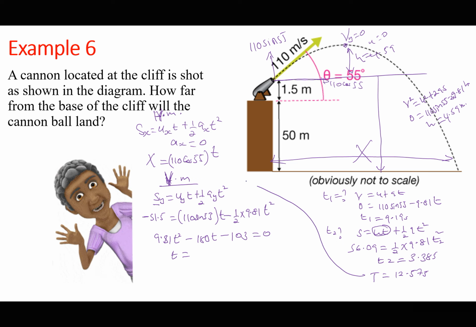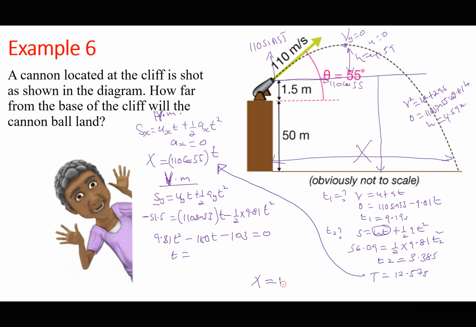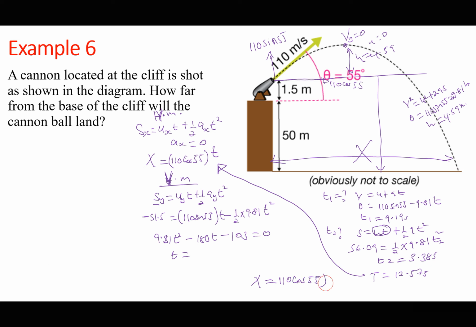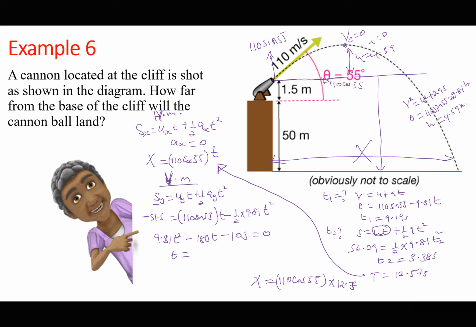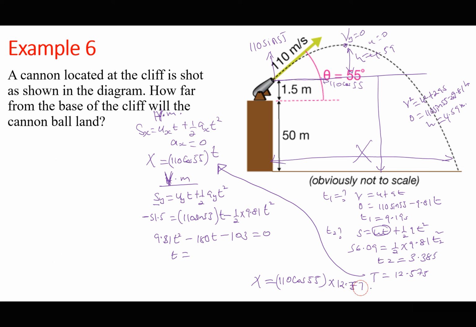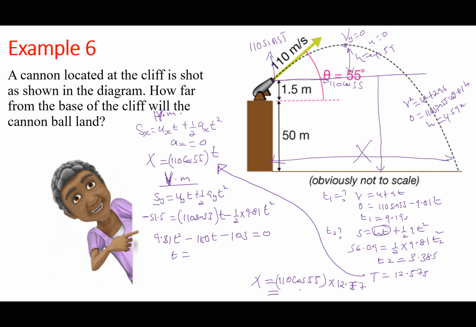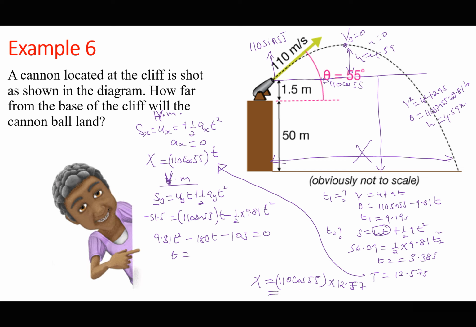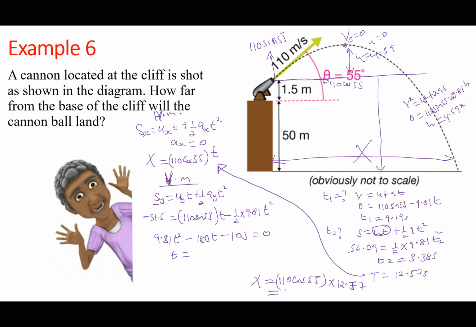So I'll take this time to find X. It means X is going to be equal to 110 cos of 55 times 12.57, which is 79.3.